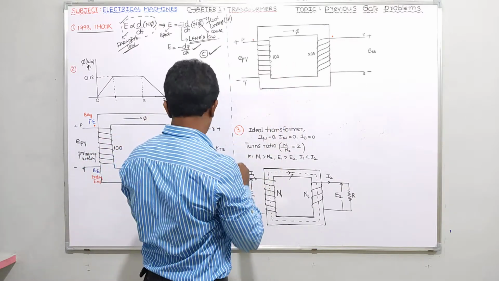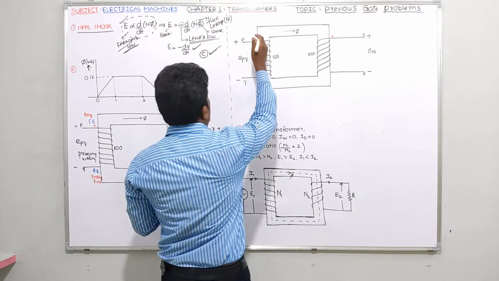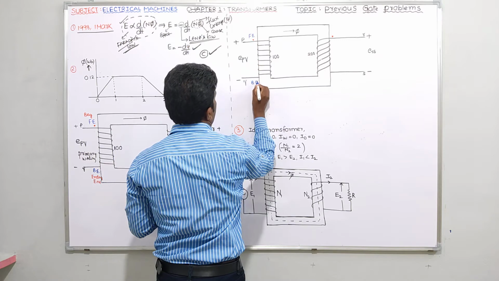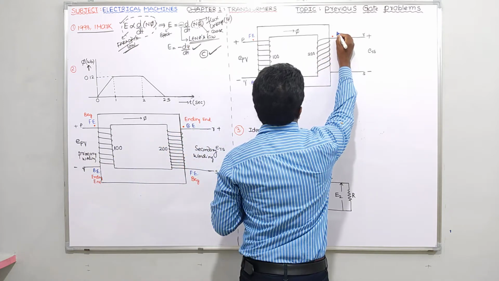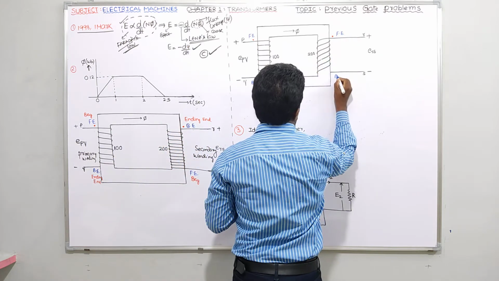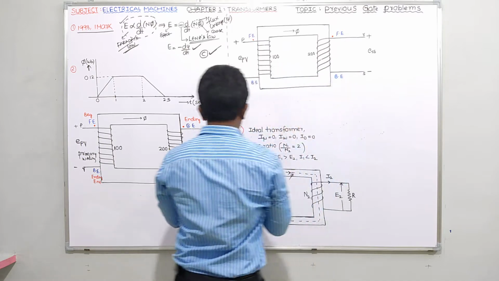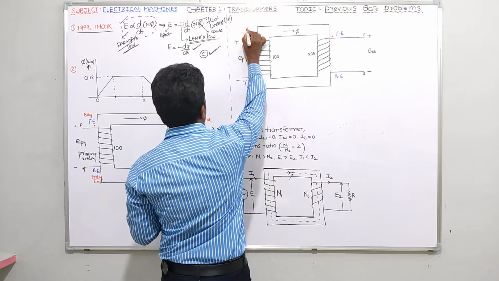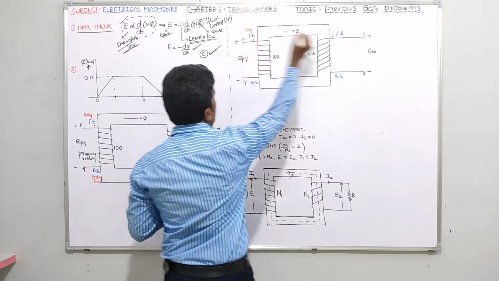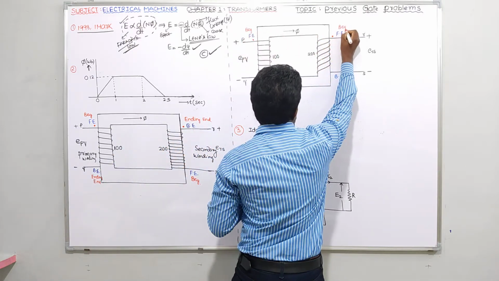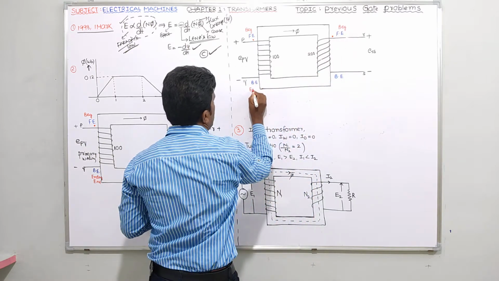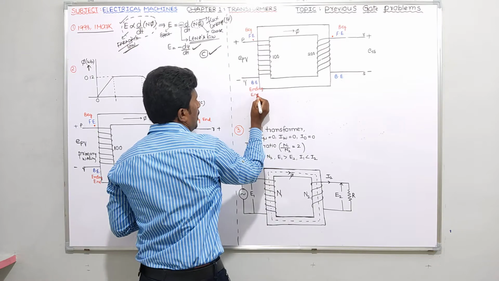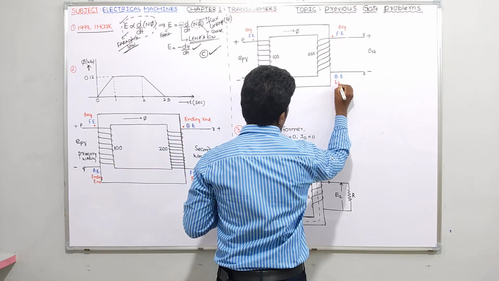This one becomes front end, back end, and this one also front end, back end. As I told you, front end can be taken as the beginning end, and back end can be taken as the ending end.